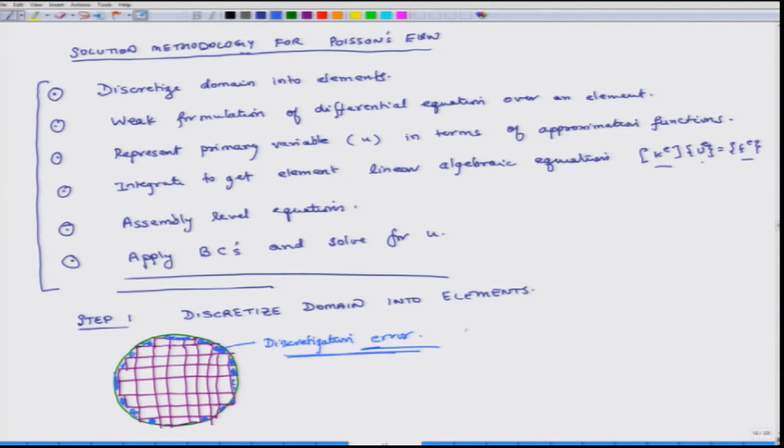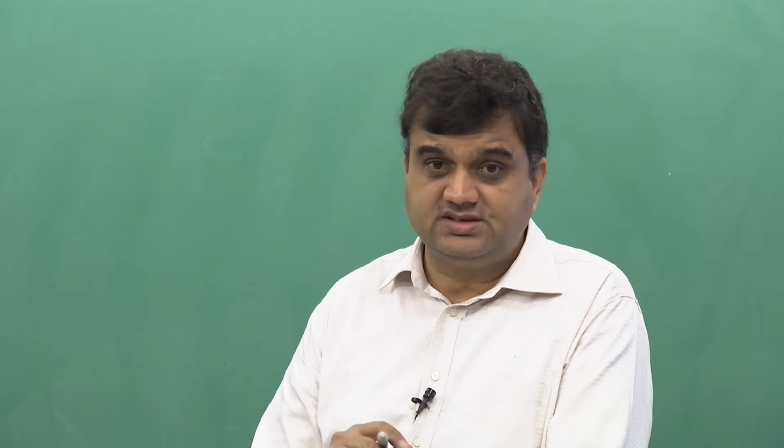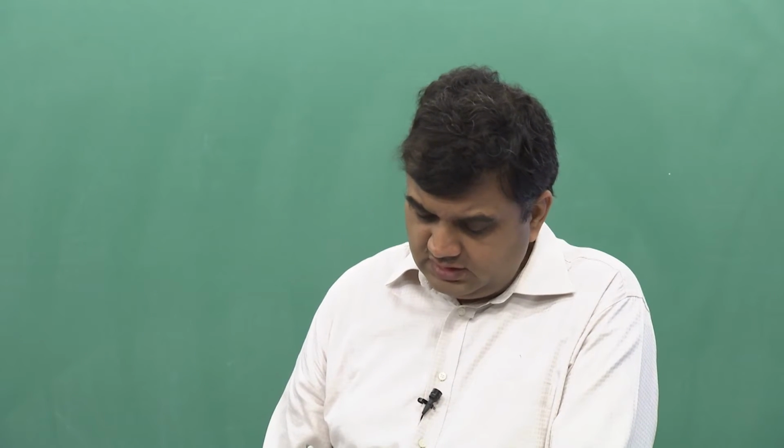So this is one additional error which comes into FEA for 2D and 3D cases. This error was not present in the 1D case because there was no domain approximation error. So this is important to understand. So as we discretize, we have to make sure that our element size is reasonably small, so that the amount of this error introduced is as small as possible.